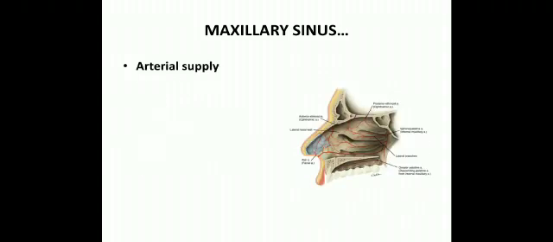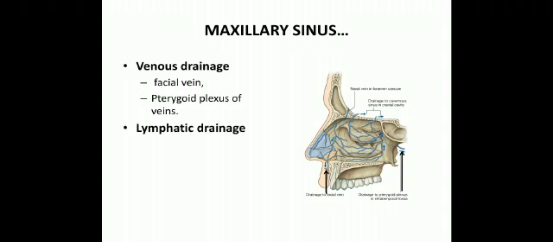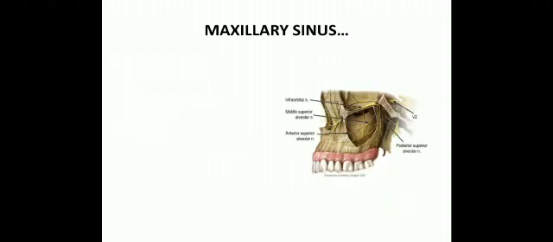The arterial supply is by the facial artery, the infraorbital and the greater palatine arteries. The venous drainage is by facial vein and the pterygoid plexus of veins. The lymphatic drainage is to the submandibular nodes.